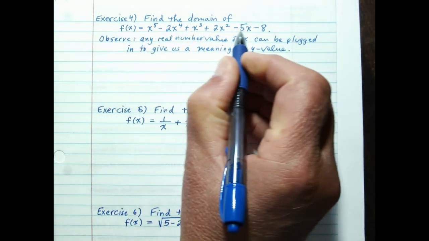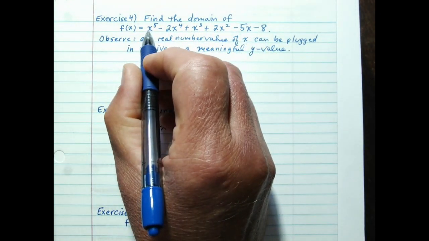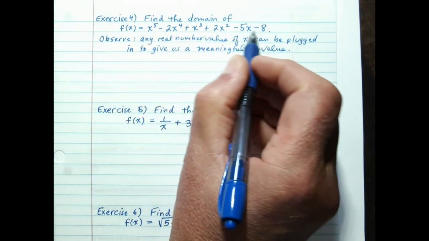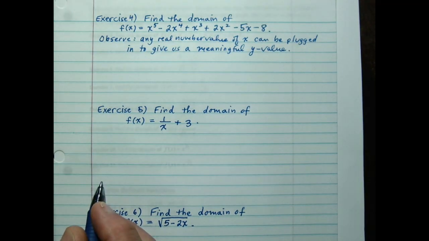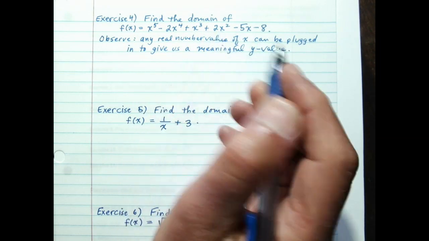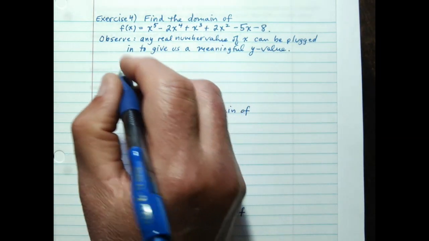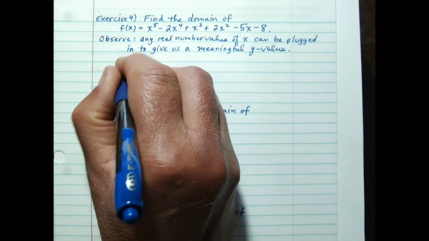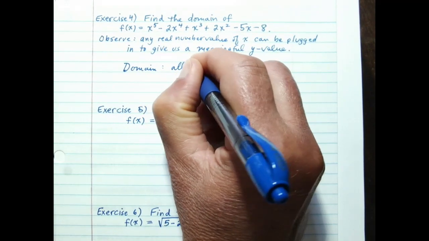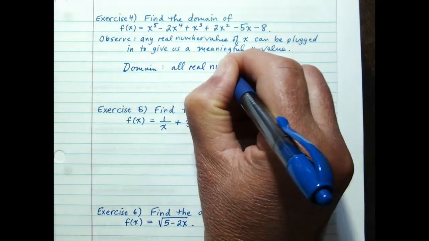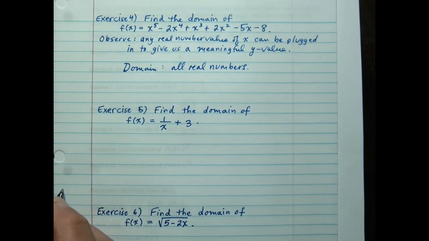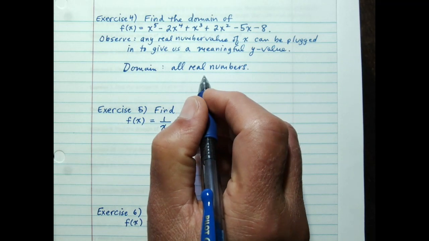It may take a while to figure all this out, but I can see no matter what I plug in for x, the same number, of course, in each term, I can work all that out, and I'm going to get some corresponding y value. When that's the case, you just have to make an observation here. There's no calculation to carry out. So we know that the domain consists of all real numbers. There are many functions whose domains are all real numbers, and we love those. They're kind of like functions with no problems.